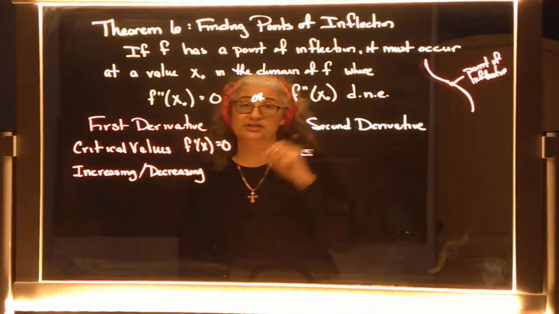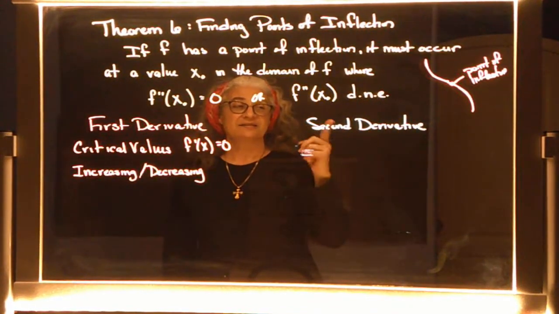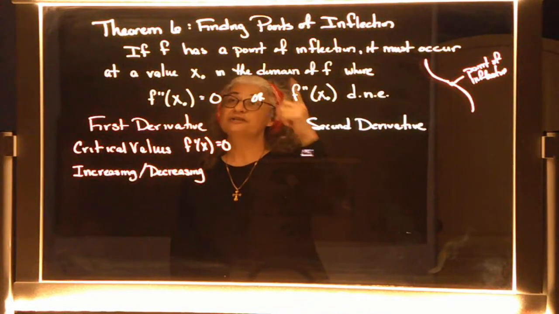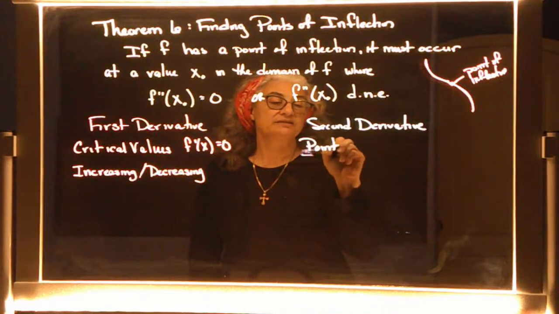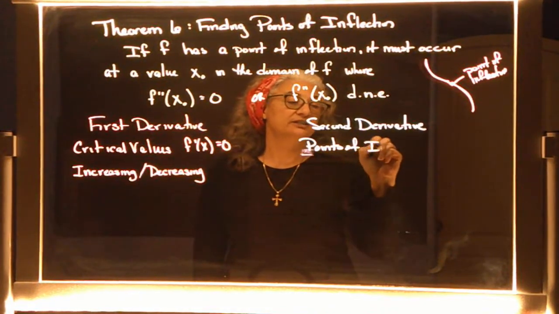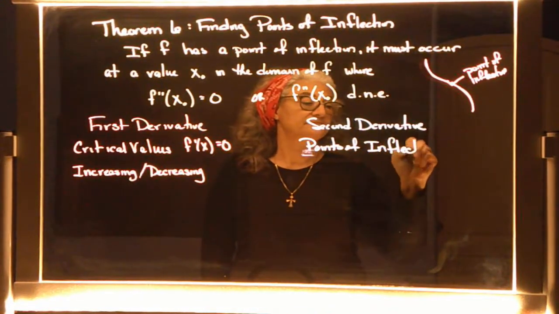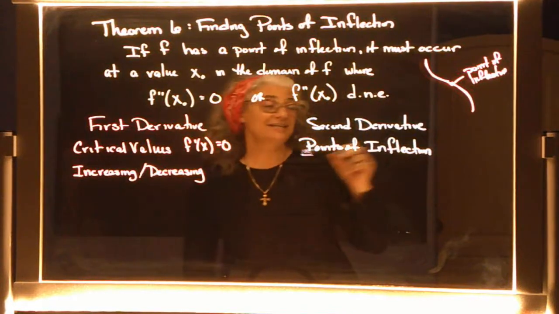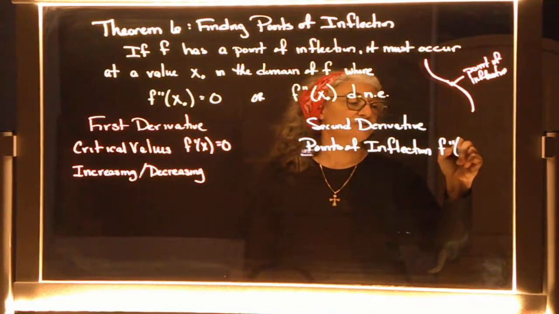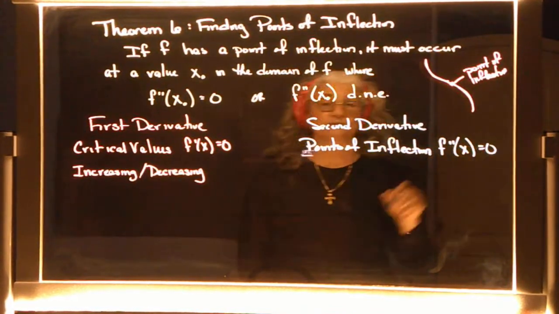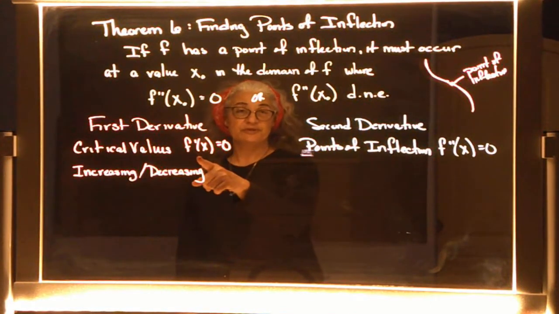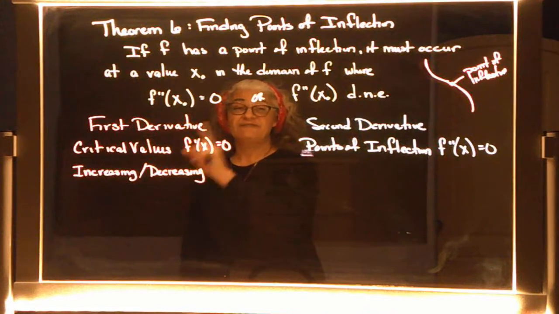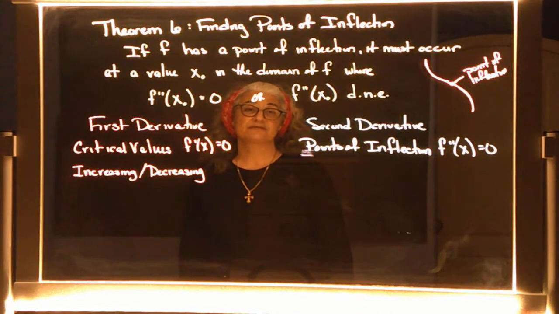Now, the second derivative. New information. The second derivative now tells me, based upon this theorem, I can find points of inflection by taking my second derivative and setting it equal to 0. If I take the first derivative and set it equal to 0, I find critical values.